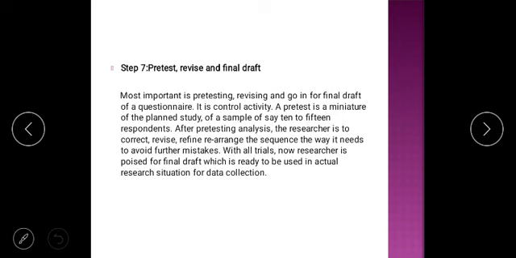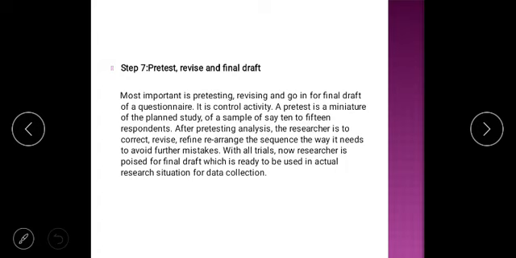Next is the final draft: pre-test, revise and final draft. Here he has to do the pre-test, then revise it, then go with the final draft. Pre-test is also called a pilot study. It can be done by taking initial respondents, nearly 5 to 10 responses. This helps in correcting the mistakes made by the researcher while framing the questions.